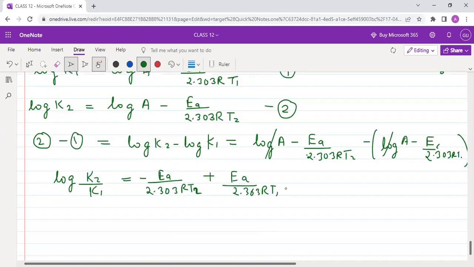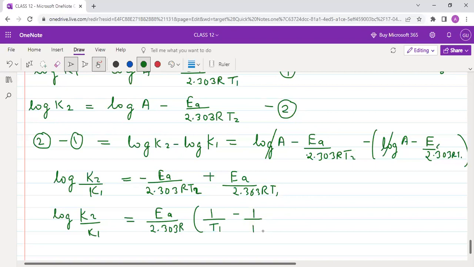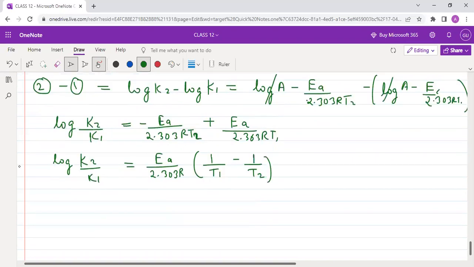Now if you rearrange this, log K2 by K1 equals Ea by 2.303 R, taken common, times the bracket: 1 by T1, which is positive, and 1 by T2, which is negative. So this is an important relationship between rate constants at two different temperatures. In this you have to take the temperatures in Kelvin.